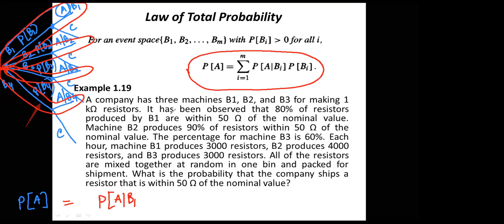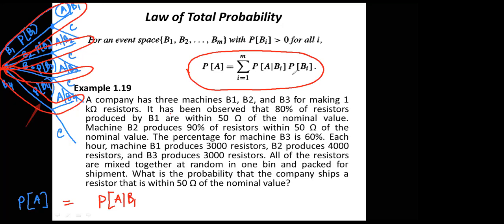All right. So the thing is, we were in the middle of the law of total probability. The law of total probability is something like P(A) equals the sum from i equals 1 to m of probability of A condition Bi times probability of Bi. So we can understand, if I want to find out the total probability of A, then we have to multiply all the conditional probabilities with their prior probabilities.